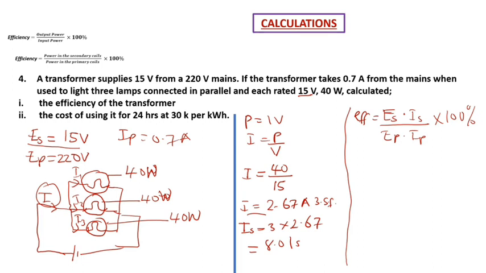So EP times IP is the primary power input.